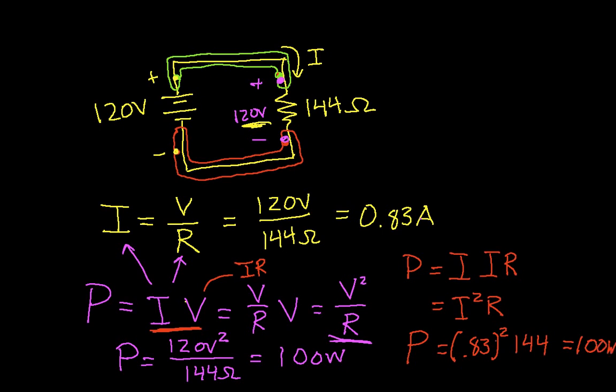Okay, so that's 100 watts. And I've been very sloppy here. This should be amps, and this should be volts. Okay, so that pretty much concludes this video on Ohm's law. To review, we've talked about the fact that Ohm's law says that the voltage across a resistor is proportional to the current. In fact, we can draw a graph here where we draw current on one axis and voltage on the other axis.